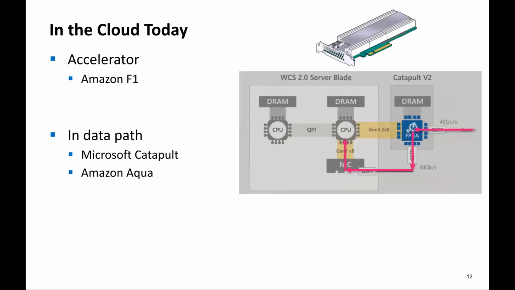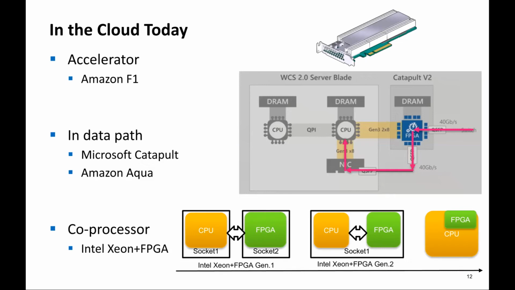So as you are probably all familiar with the systems, I picked the FPGA-based accelerators. They are present in the cloud, so you can do on-the-side acceleration with things like Amazon F1. In the data path, I think the Microsoft Catapult project and the Amazon Aqua are the most representative. And this one is a project that doesn't exist anymore.